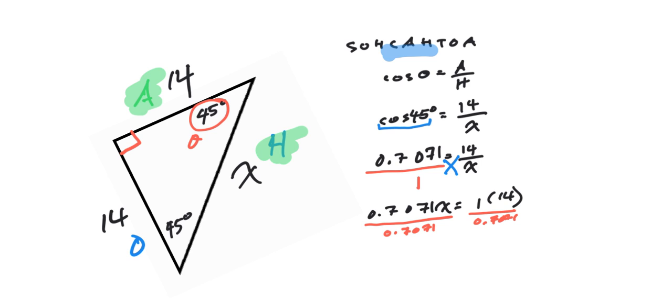And so now we get x is equal to 14 divided by 0.7071, which means x is approximately 19. And actually 19.8 is the decimal that we get.